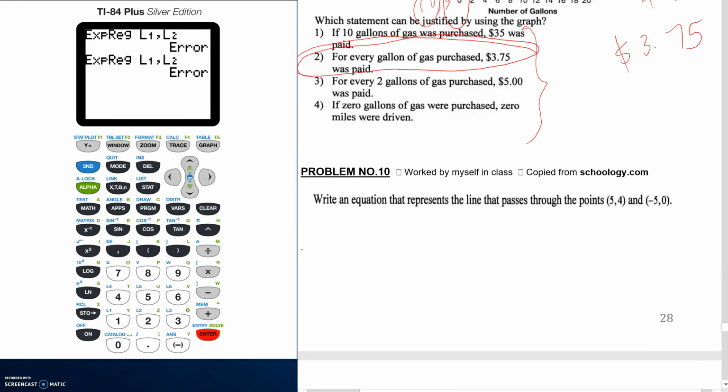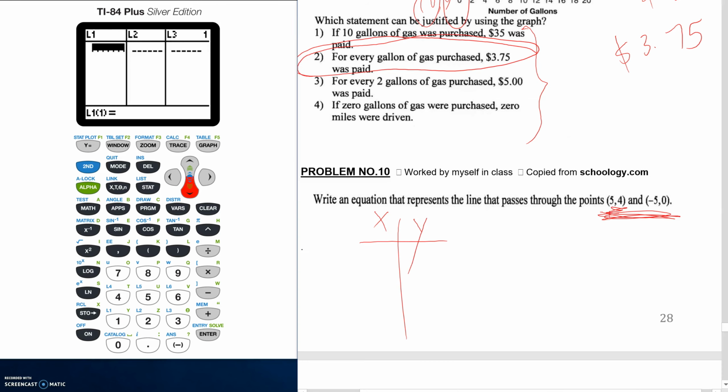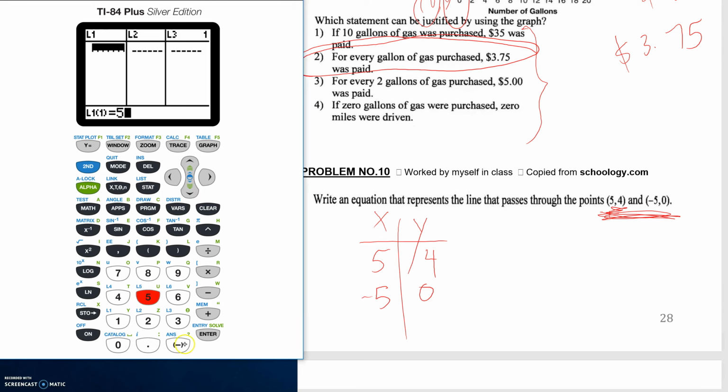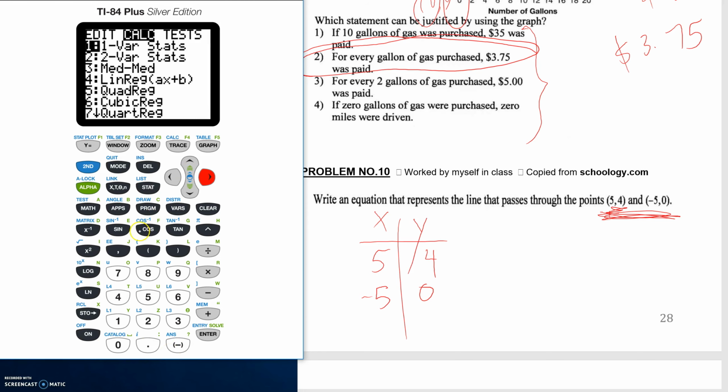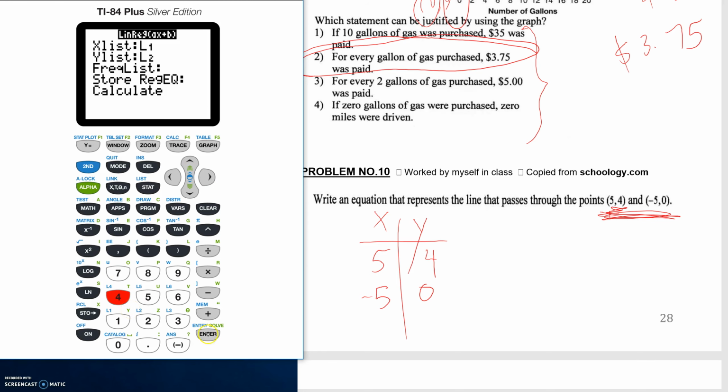Write an equation that passes through these 2 points. There are many ways to do it. The way we're going to do it is on the calculator. Each point is giving us an x and matching y, an x and matching y. So in L1, we're going to put 5 and -5. And then in L2, we're going to put 4 matching to it and 0. Stat calc, we choose 4.